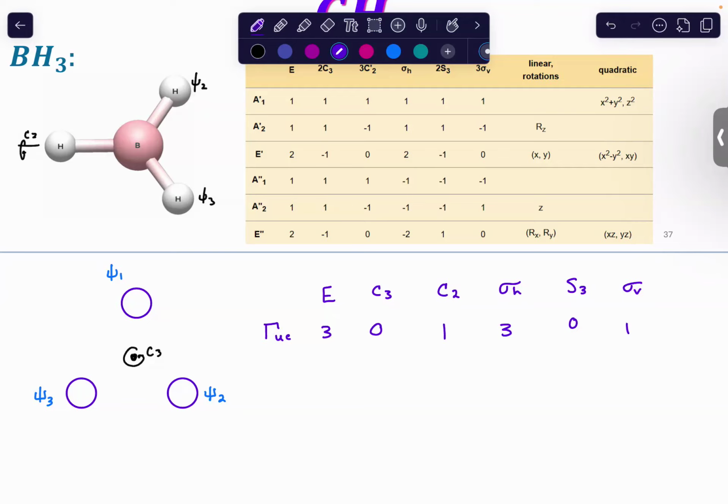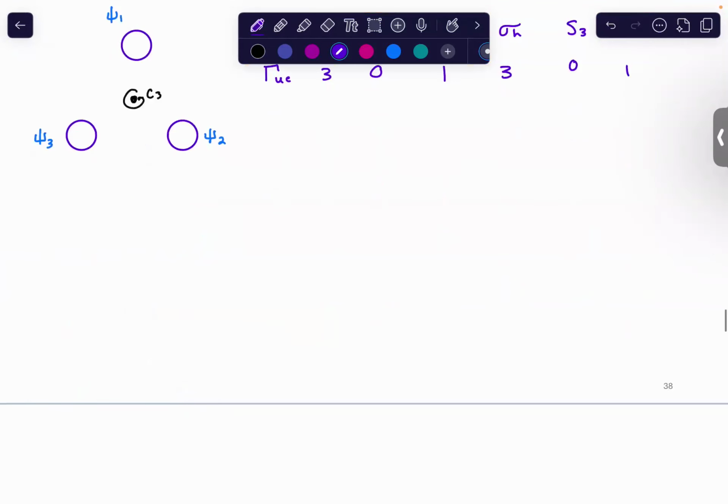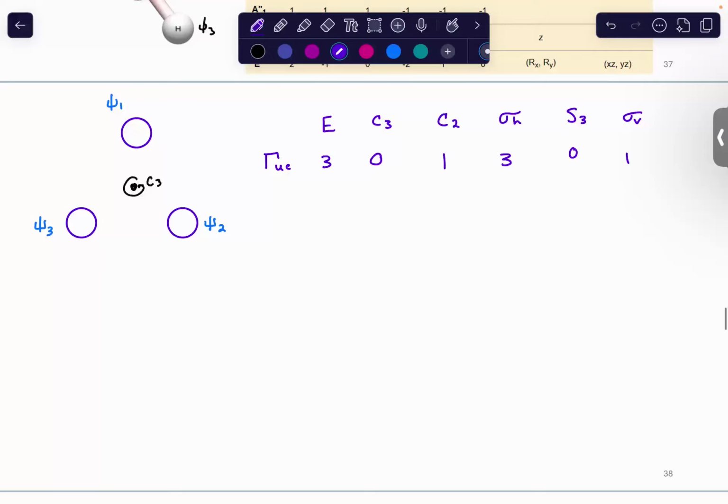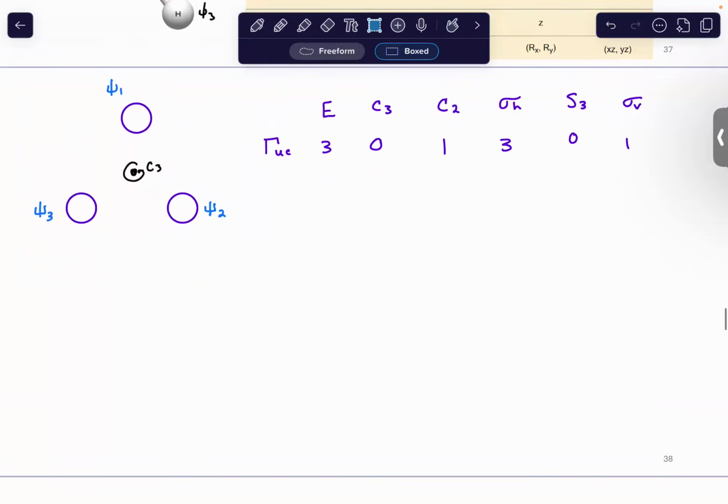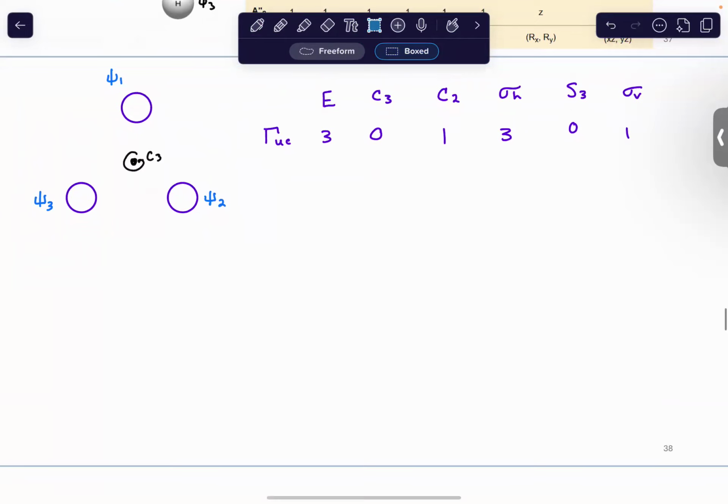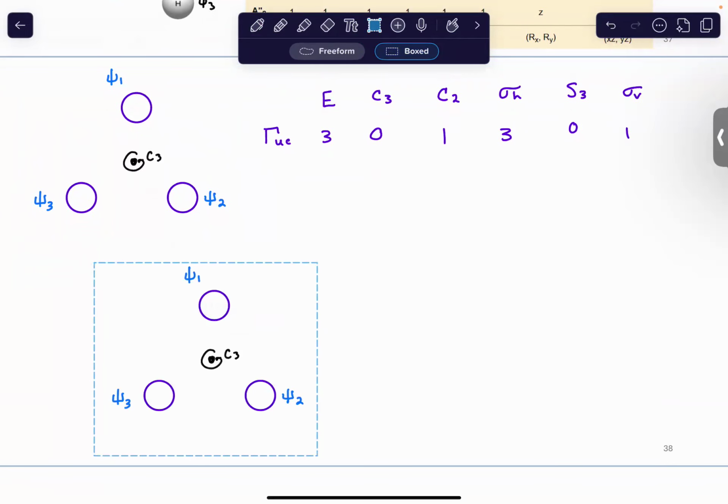Now, we want to start getting an idea of what these wave functions look like. So let's ask ourselves a question. I'm going to move this down because I need to get some stuff in here.